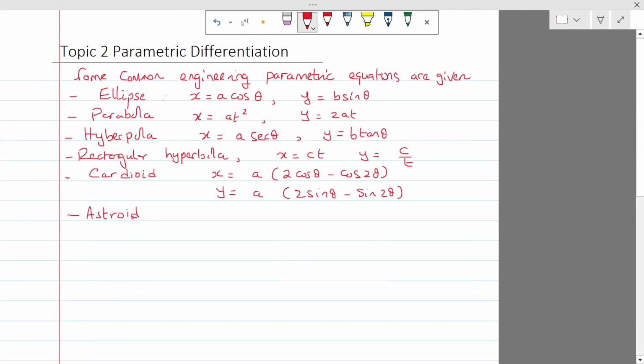In some scientific disciplines, asteroid, what you have, x becomes a cos cubed theta, y equals a sine cubed theta. Cycloid: x becomes a times theta minus sine of theta, then y becomes a times 1 minus cos theta.